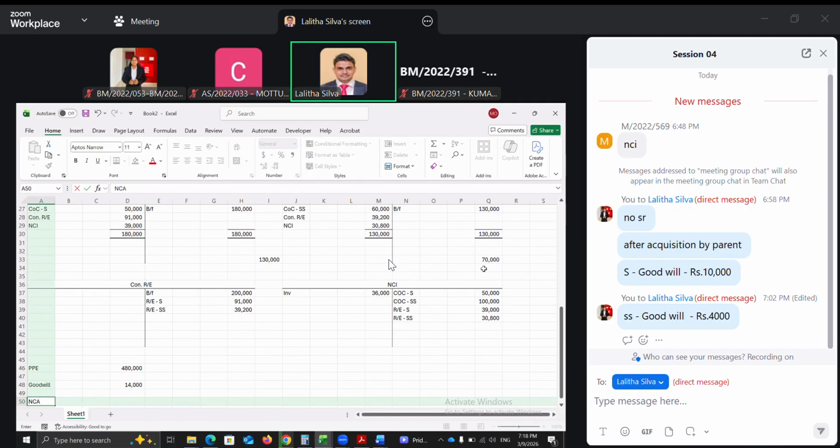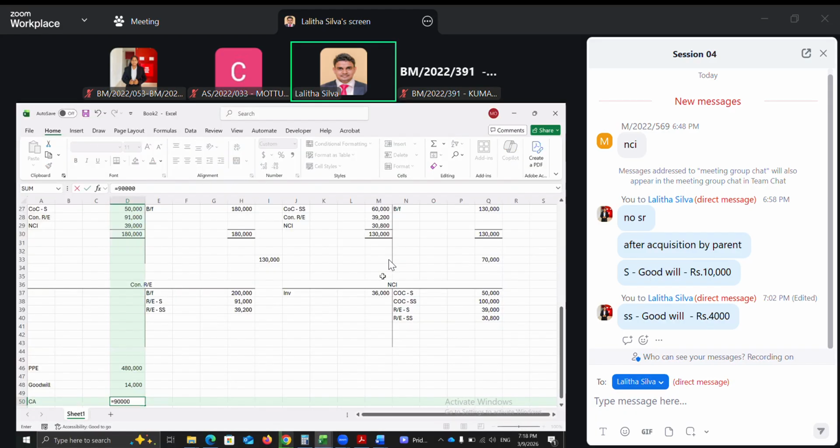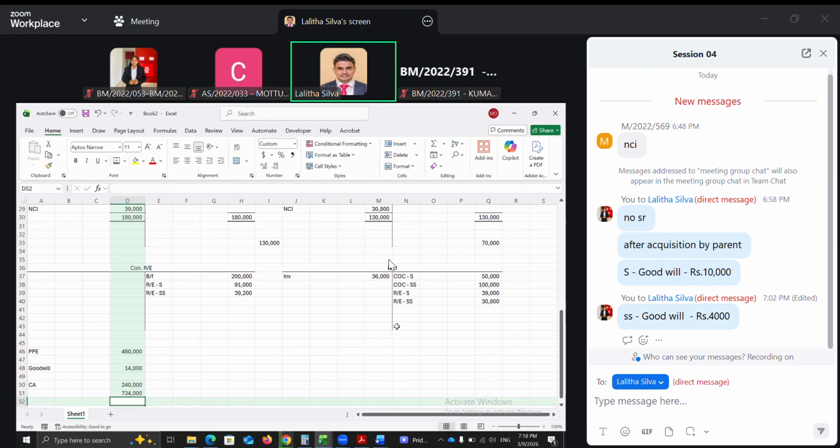Then as current assets, we have 90 million, 80 million, and 70 million, altogether 240 million. Then total assets, 734 million. Yes, total assets 744 million.